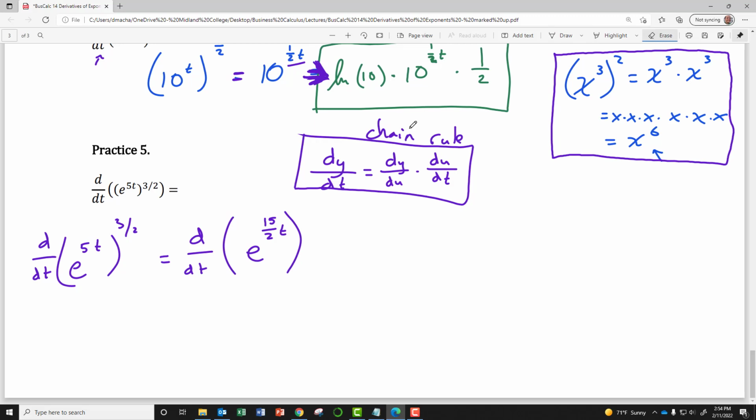So where I have e to the power 5t to the power 3 halves, I'll just multiply 3 halves times 5 and I get 15 halves. So now this is a chain rule problem, and my answer here is going to be e to the 15 halves t times 15 halves.